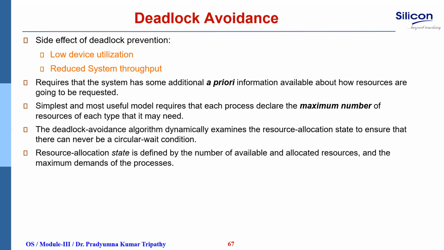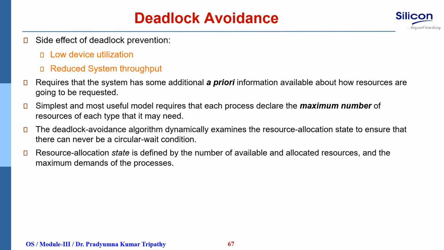Correct? The deadlock avoidance algorithm dynamically examines the resource allocation state to ensure that there can never be a circular wait condition. So there will be a deadlock avoidance algorithm. We will discuss that. It dynamically examines, means whenever there is a case to allocate some resource, the algorithm runs and ensures that if I allocate this resource to this process, the circular wait will not occur.